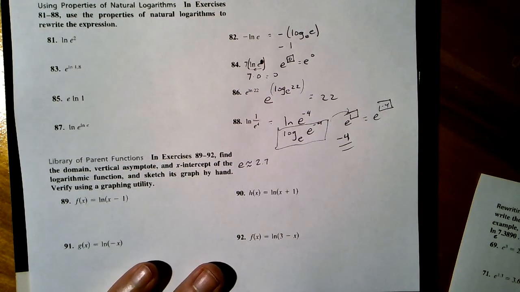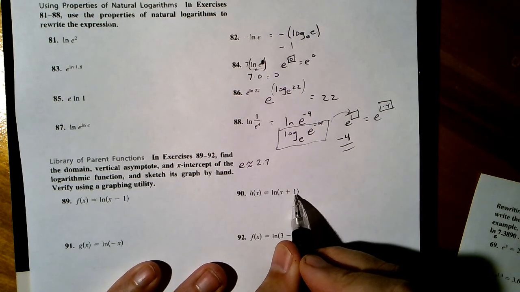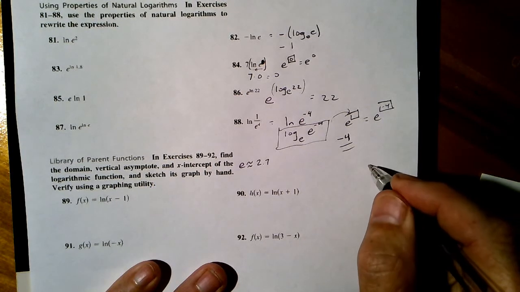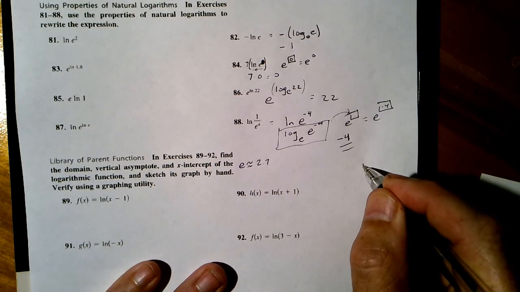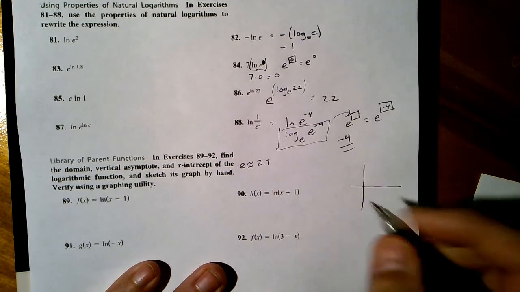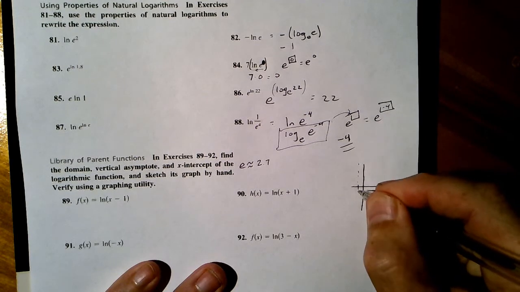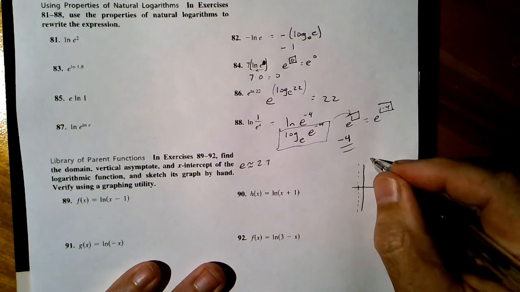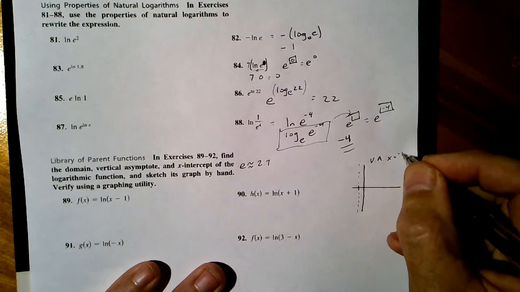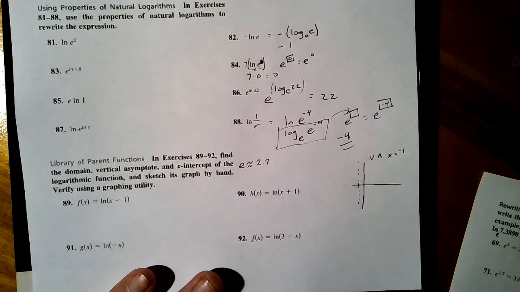So we have a vertical asymptote that, see, x plus 1 can't be 0. So x cannot be negative 1. So there's our vertical asymptote. x equals negative 1. x can be bigger, so everything's going to move to the right.